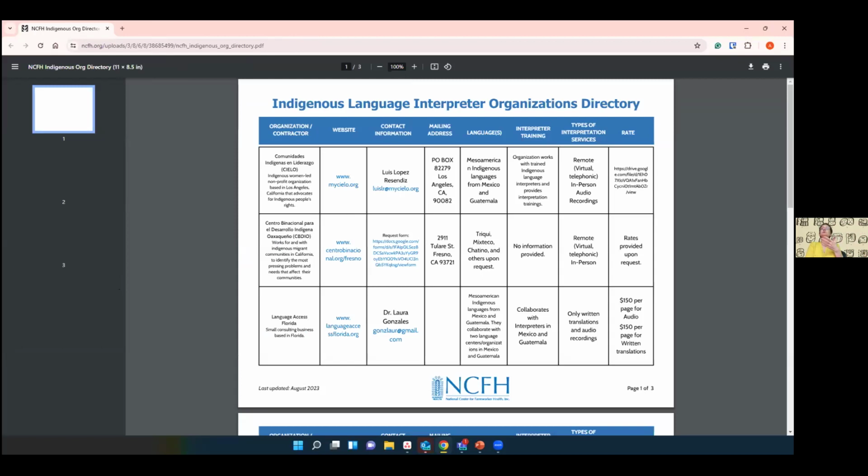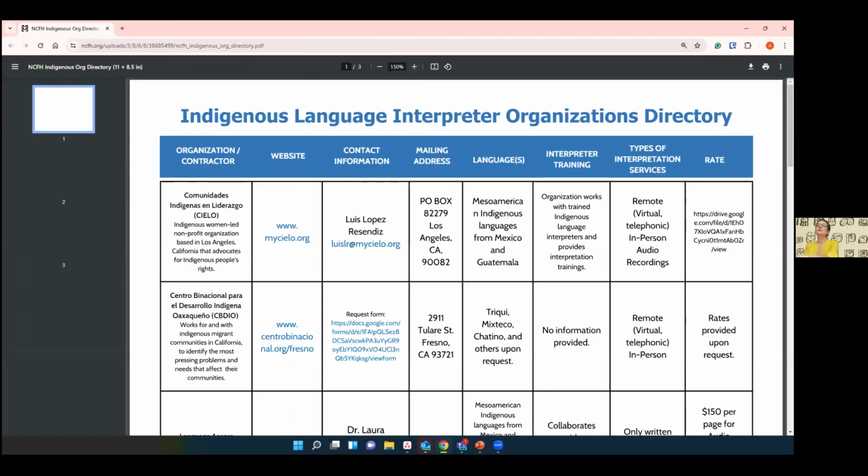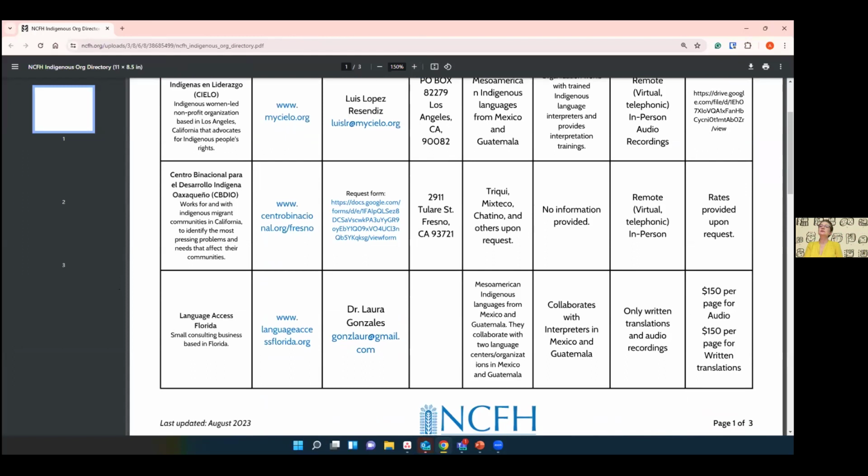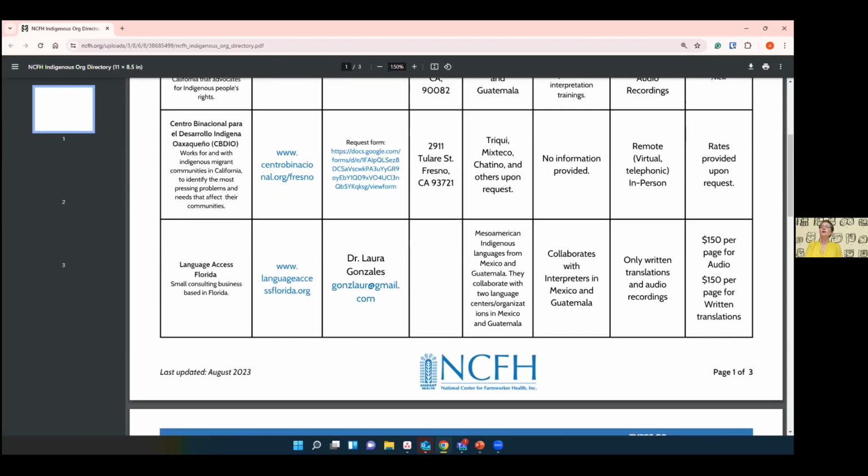So you would be able to look on this directory, which specifies in the first column the organization, and then over in the fifth column there's a language column, and there you can see sometimes they're specifying specific languages, and sometimes it's like others available on request. So you would want to reach out and find out if these organizations are speaking the language that you're looking for.